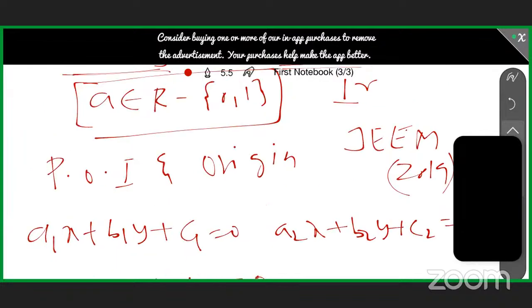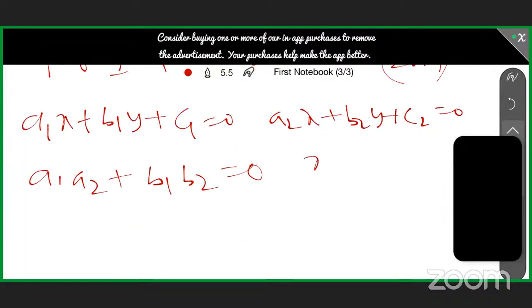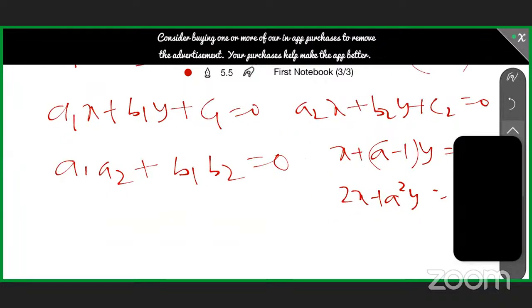Another equation is 2x plus a square y is equal to 1. That means a1 value is 1, b1 value is a minus 1, a2 is 2, and b2 value is a square, and the sum of products is equal to 0.